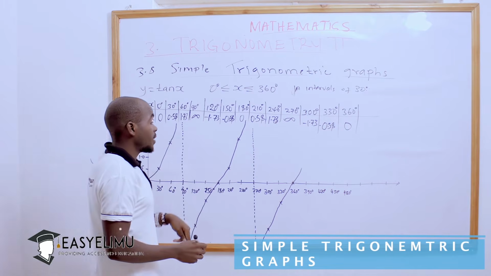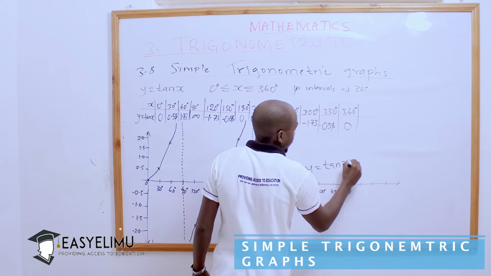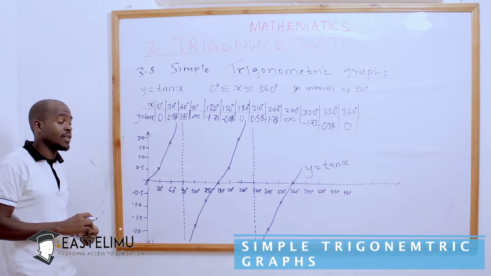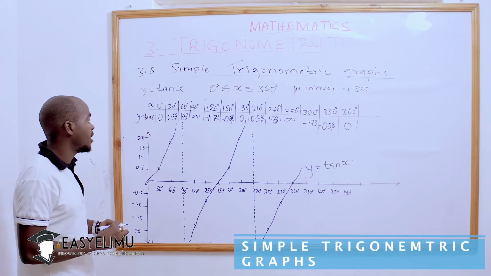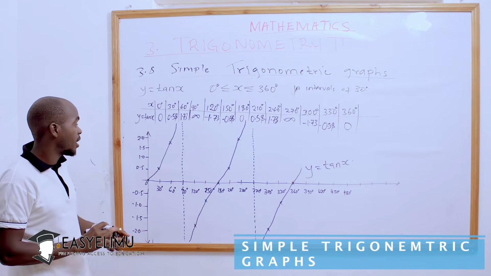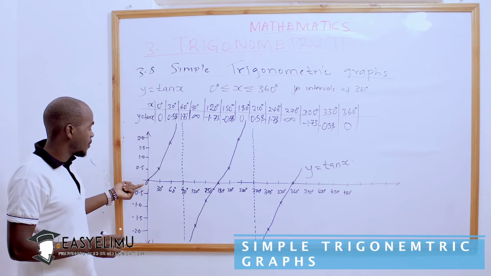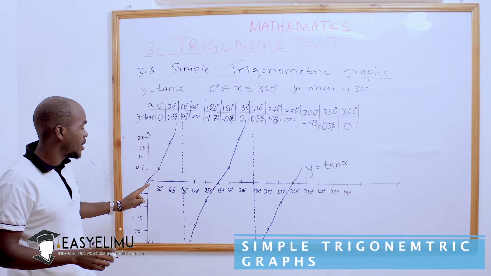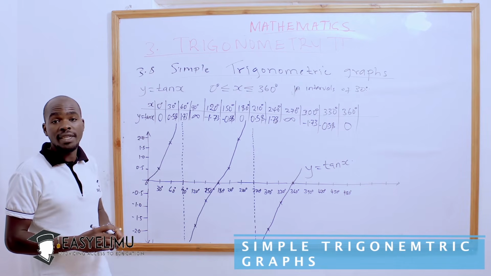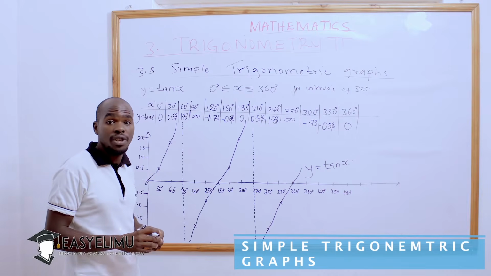So this graph which I have here is y equals tan x, where x is within 0 degrees to 360 degrees. As we can see, this is not a smooth graph. It starts well from 0 degrees, then as it approaches 90 degrees, it is vanishing. The lines are going to infinity.